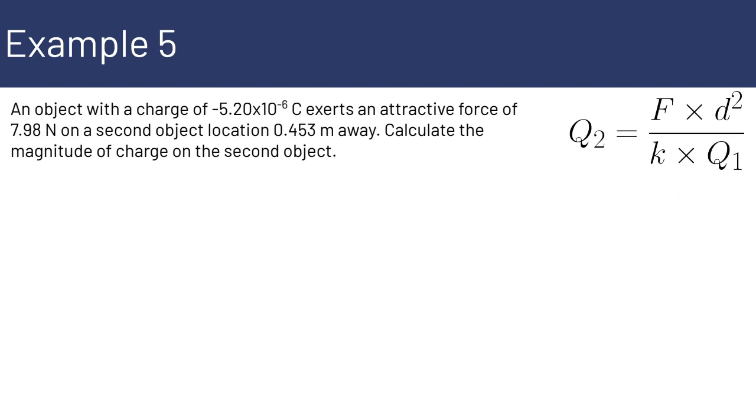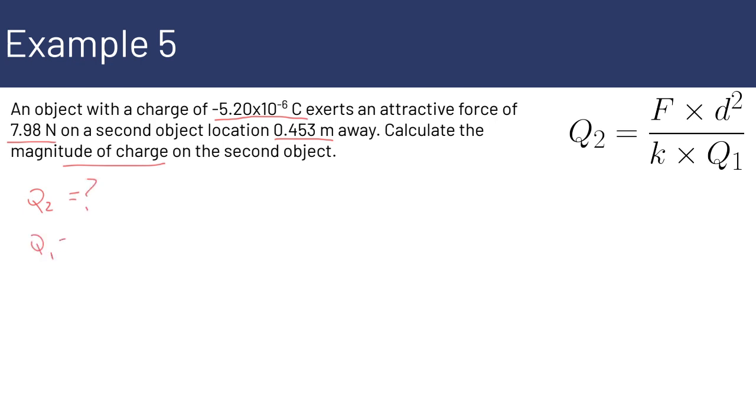Example number 5. An object with a charge of minus 5.2 times 10 to the minus 6 coulombs exerts an attractive force of 7.9 newtons on a second object located 0.453 meters away. We want to calculate the magnitude of charge on the second object. So we're looking for Q2.